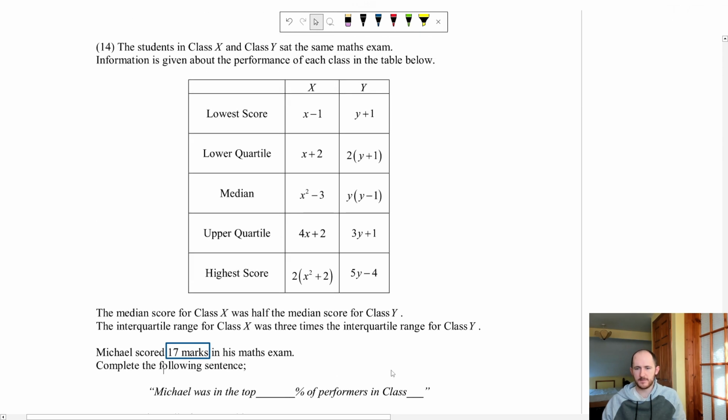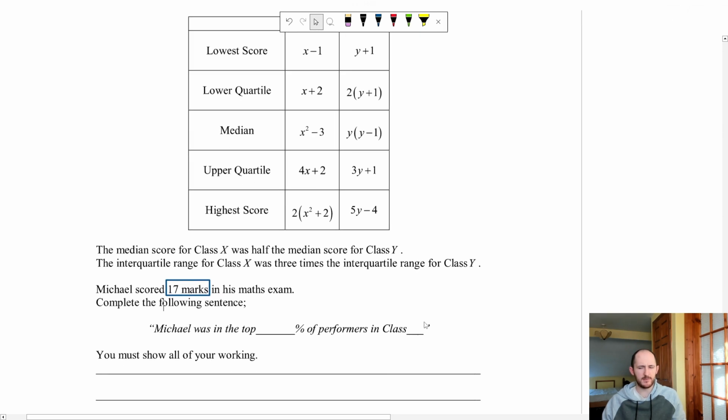Okay, the X or Y thing is a bit interesting, but let's ignore that for now. And again, I'm being completely honest, I don't know how we're going to determine X or Y. But since Michael's in the top blank performers, what we're going to do is work out the range of values that were scored in this maths exam, and then work out what 17 marks is.